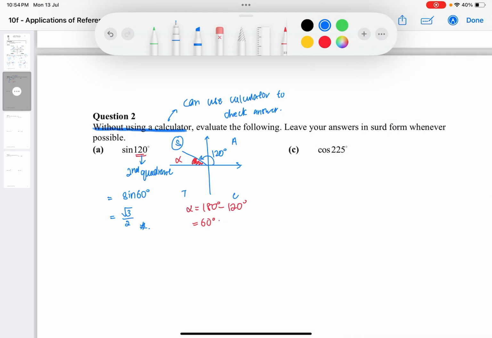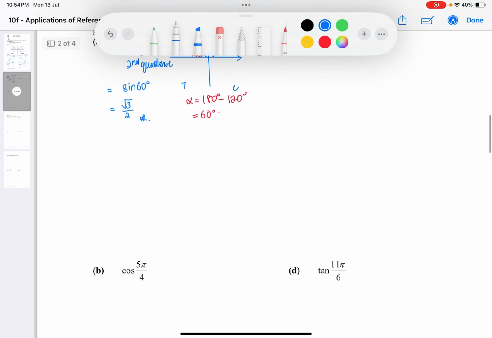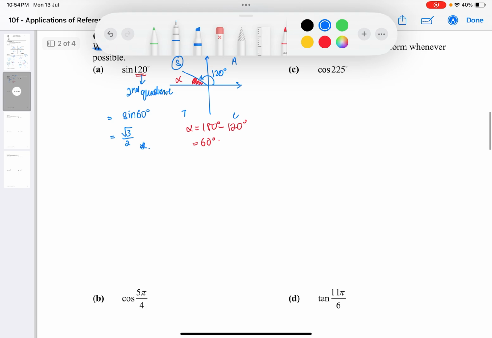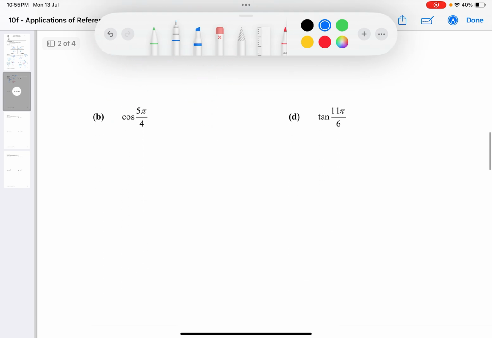Now I will show you part D again. I'll do A and D and then you'll do B and C. So part D. Look at the angle first this time round: 11 pi over 6. Let's draw it out to figure out which quadrant this is. 0, pi over 2, pi, 3 pi over 2.